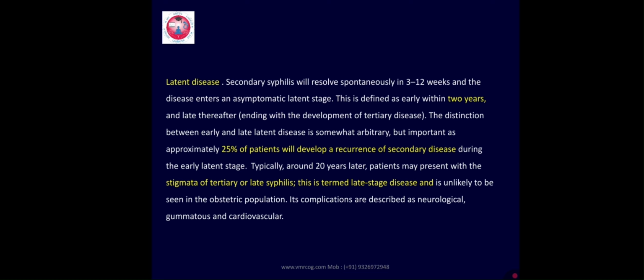This will be followed by the late disease, which will present with various complications, which may be neurological, gummatous or cardiovascular. So late disease presentation is of three types: one is neurological, second is gummatous, and third is cardiovascular. So this is all we are going to see, various stages and their subtypes.